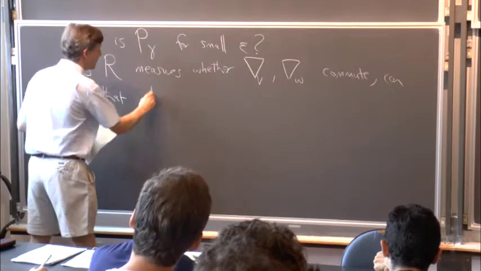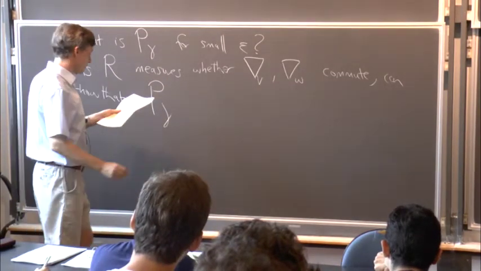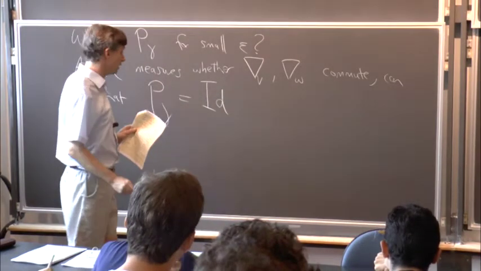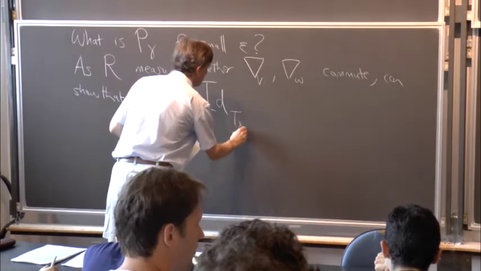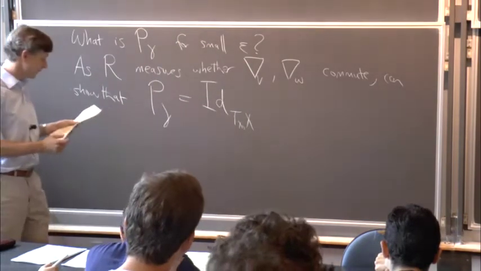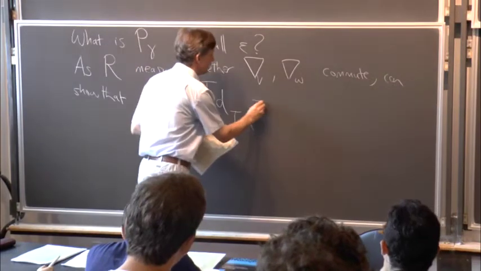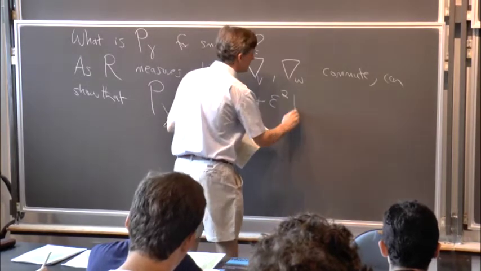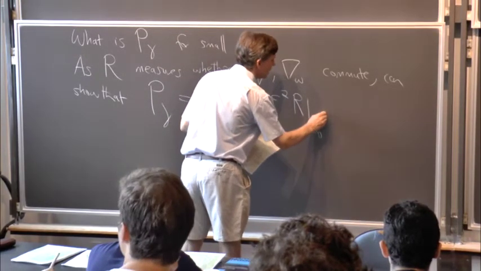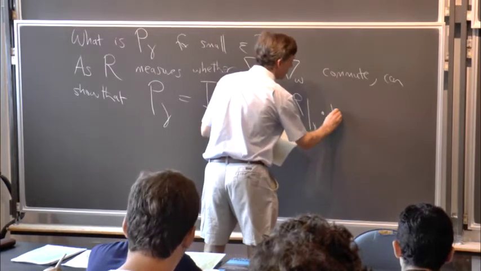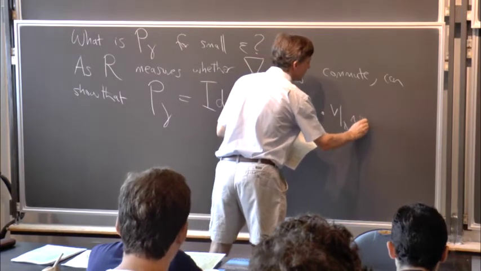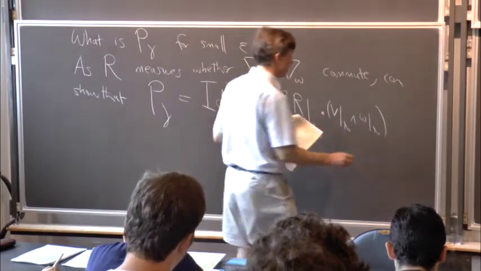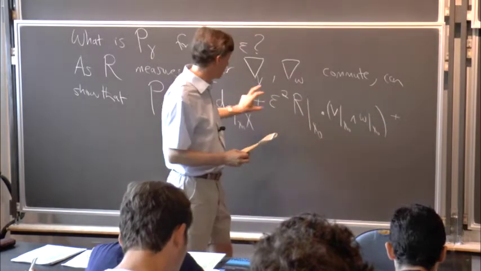the parallel transport P gamma, well, the dominant term is the identity map on the tangent space of X, and then the leading term is epsilon squared times R at the point x0 contracted with V at x0 wedge W at x0. There'll be some power series in epsilon.